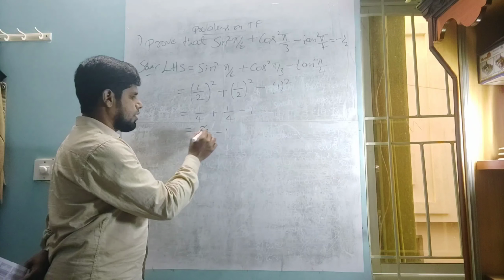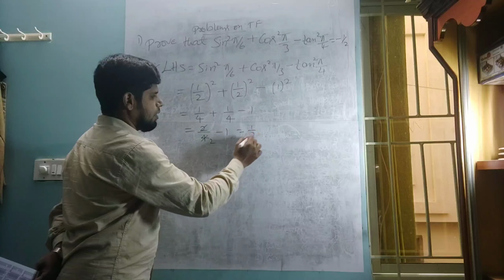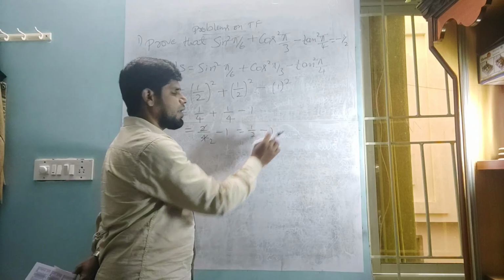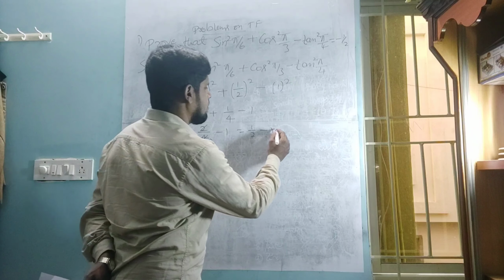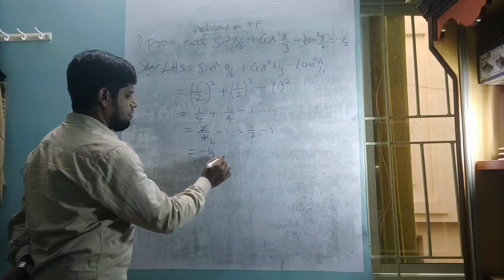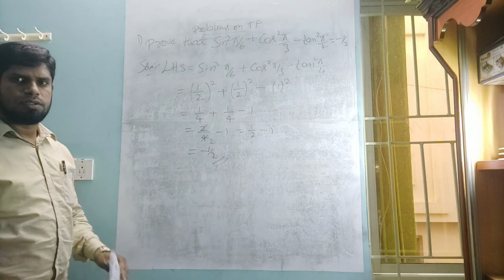Students, here I can divide easily, 1 divided by 2, so this is 1 by 2 minus 1. So half minus 1. Half minus 1 is how much? It is minus half. Half minus 1 is minus half.